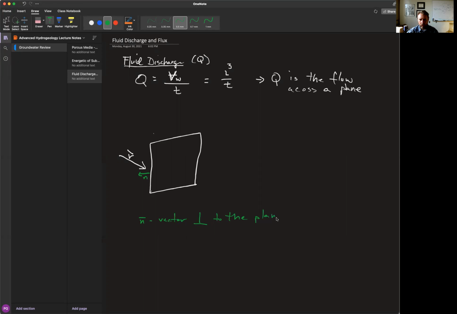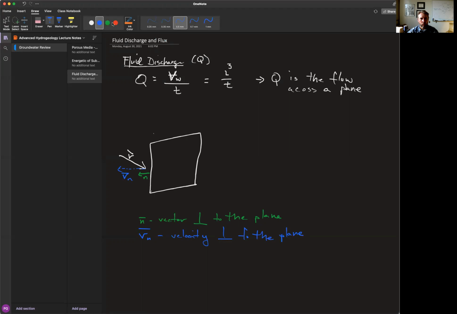And what we want is the component of our velocity that falls parallel to n. I'll denote that as v sub n, the velocity perpendicular to the plane. Just the velocity that crosses the plane.